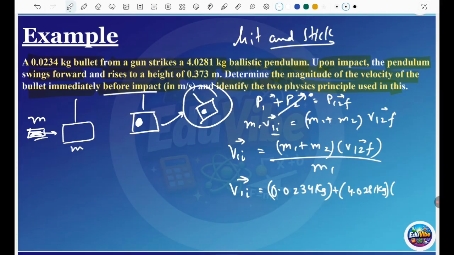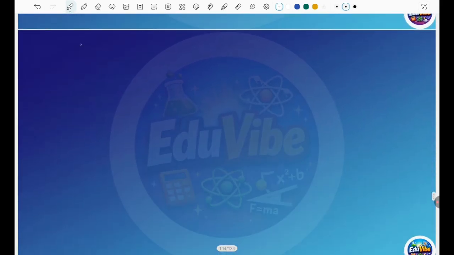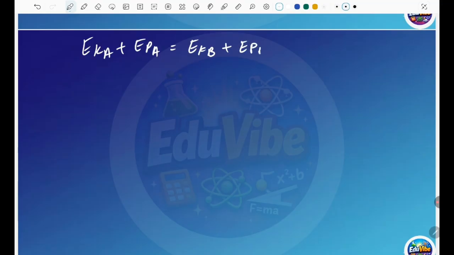So how are we going to find this? Because we have a height over there, it is all due to the kinetic energy and the potential energy. They are moving, so this is the kinetic energy. So we have to find it by conservation of energy. We know that EKA plus EPA will give you EKB plus EPB.